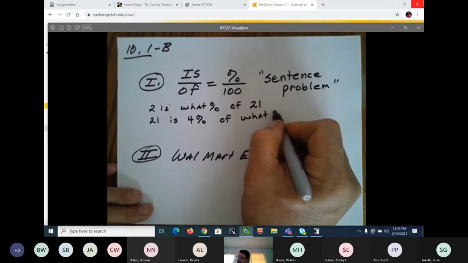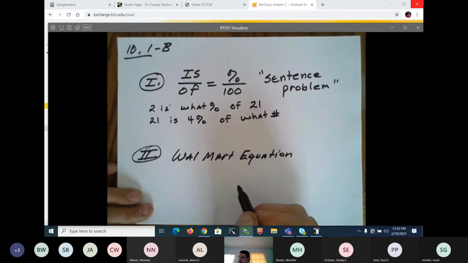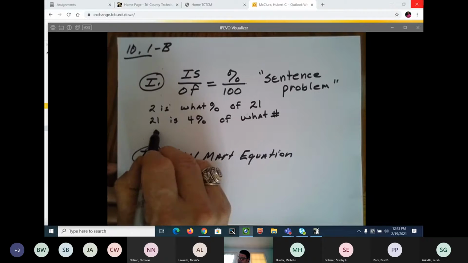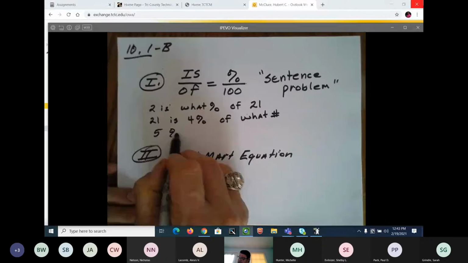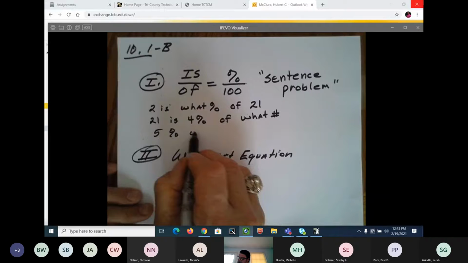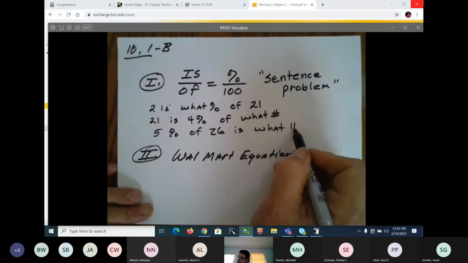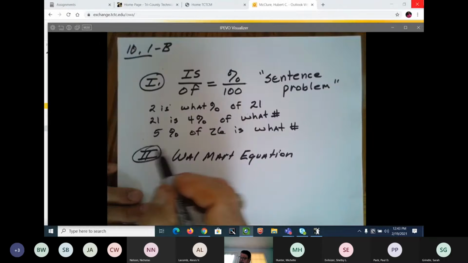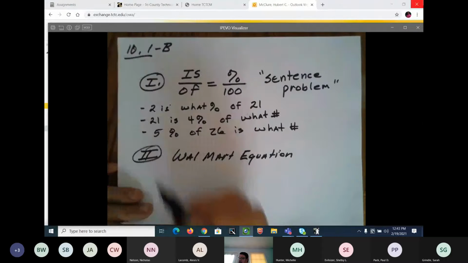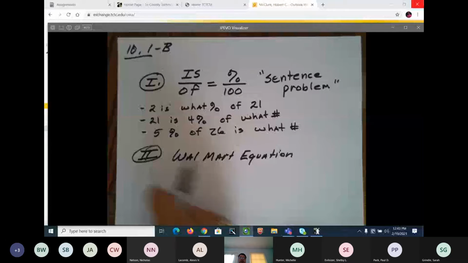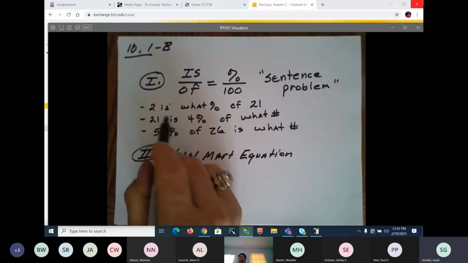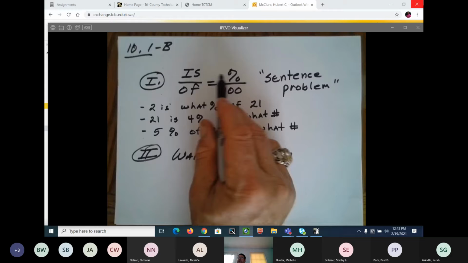Y'all seen these before? And 5% of 26 is what number? And there's your three questions. Usually you have a sentence and it asks you something like that. That's when you use is of percent over 100.